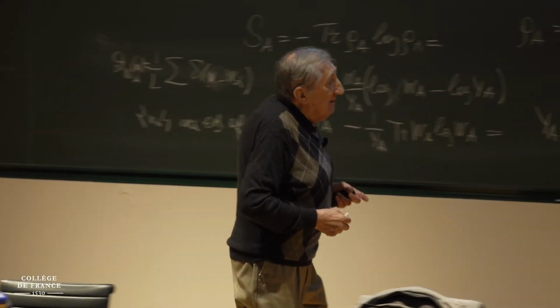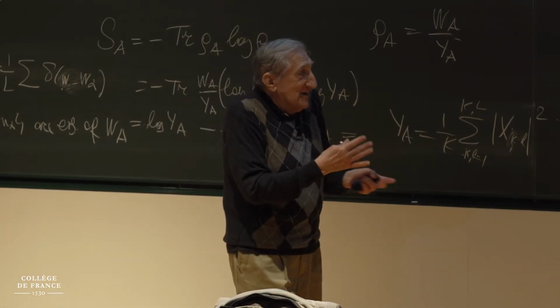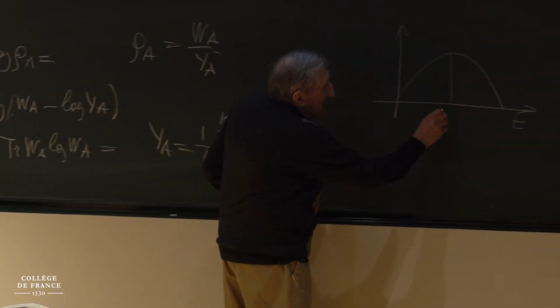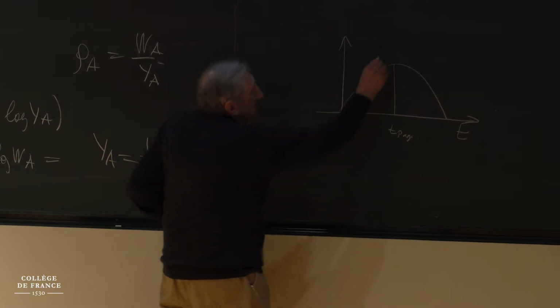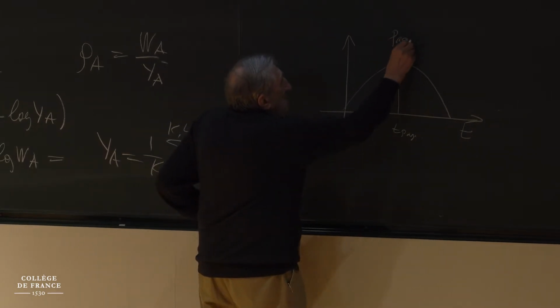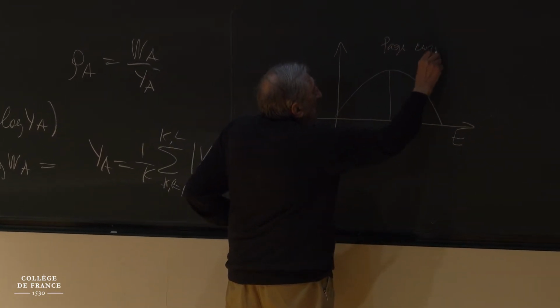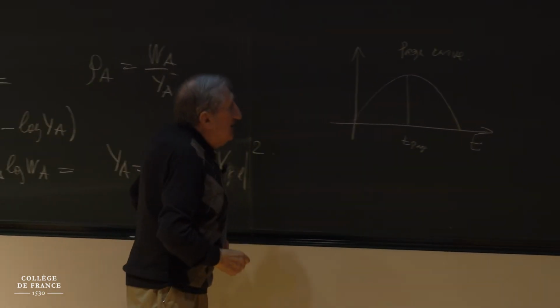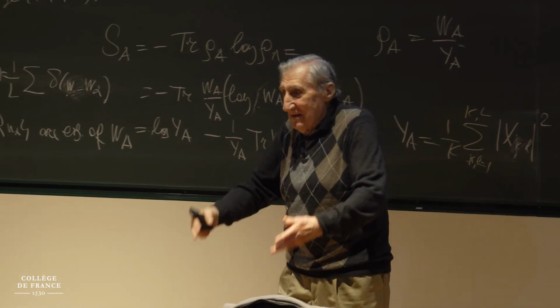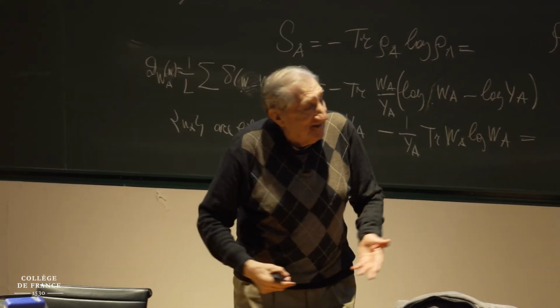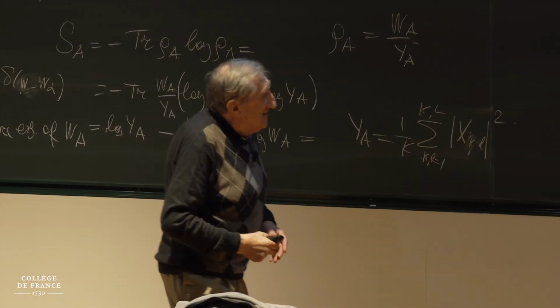And then roughly at half, this is called the Page time, and it's called the Page curve. And then when the black hole is exhausted, of course everything decays.